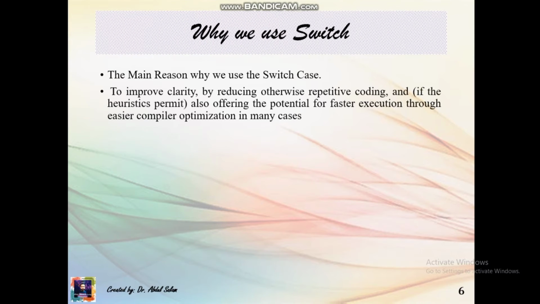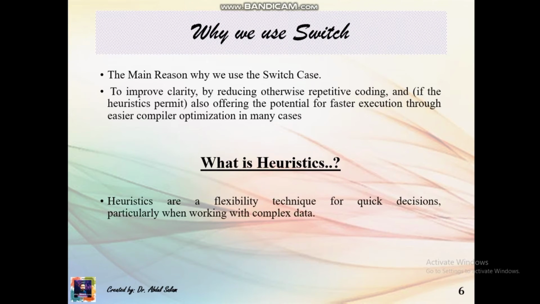Why do we use switch? What is the reason behind using a switch case? The main reason why we use the switch case is to improve clarity by reducing otherwise repetitive coding, and if the heuristics permit, it also offers the potential for faster execution through faster, easier compiler optimization in many cases. What is the term heuristics?